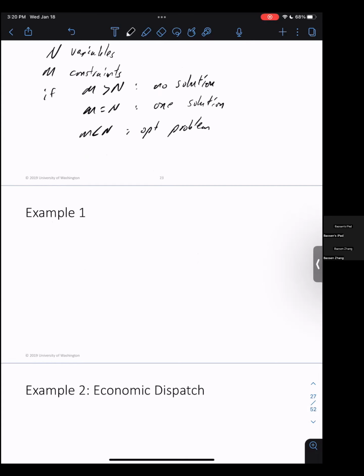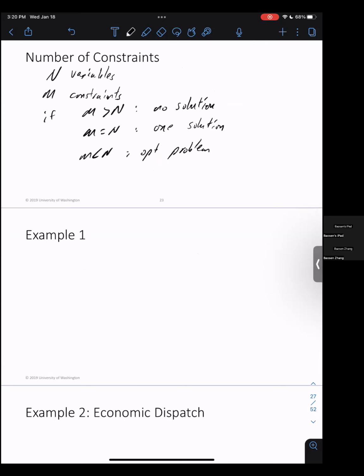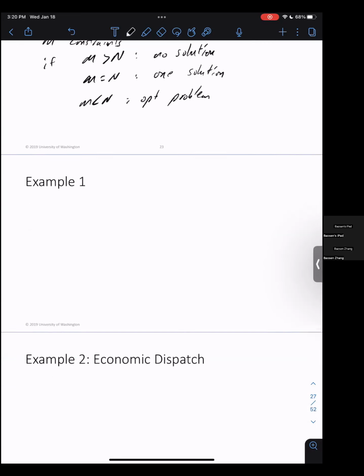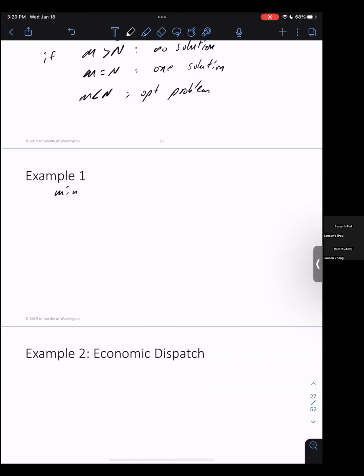Now we'll draw some pictures of what can happen. Let's say we're minimizing f, which is 0.25 x1 squared plus x2 squared, subject to a constraint, let's say 5 minus x1 minus x2 equals 0.